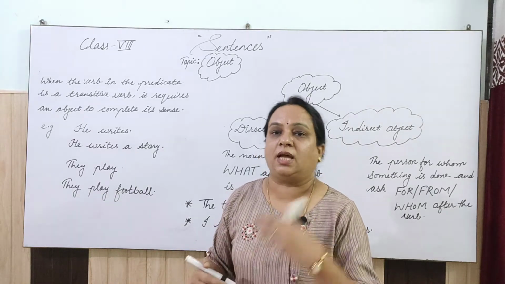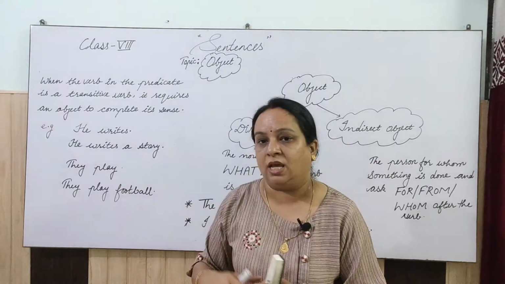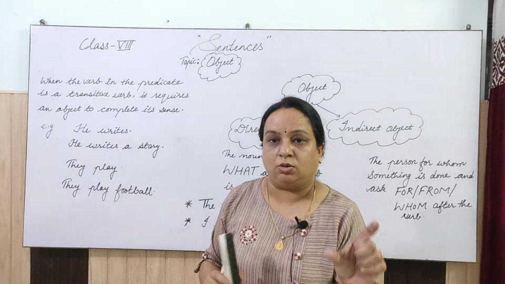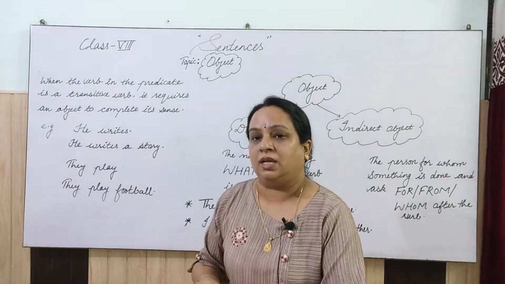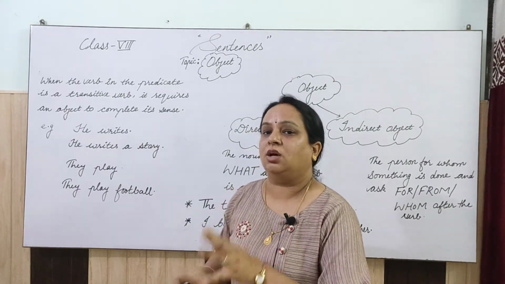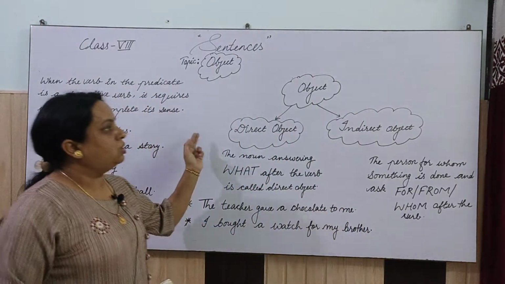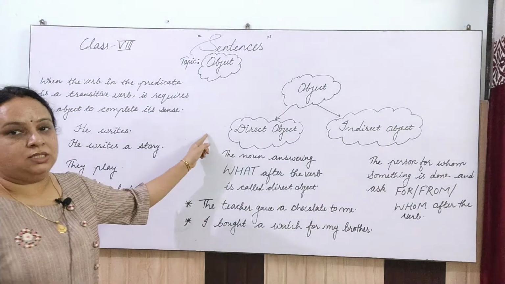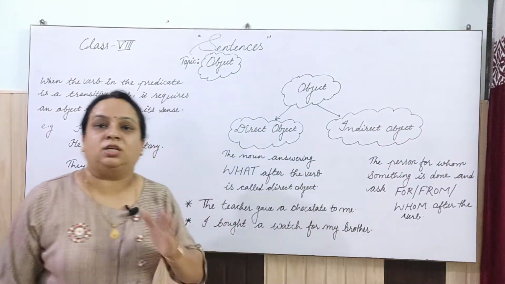In some cases that will be a complement also. Suppose he writes neatly. Neatly is not an object, okay? That is a complement. She walks fast. That fast is not an object, that is a complement. Now we have two kinds of objects. Number one is the direct object and the second one is the indirect object.